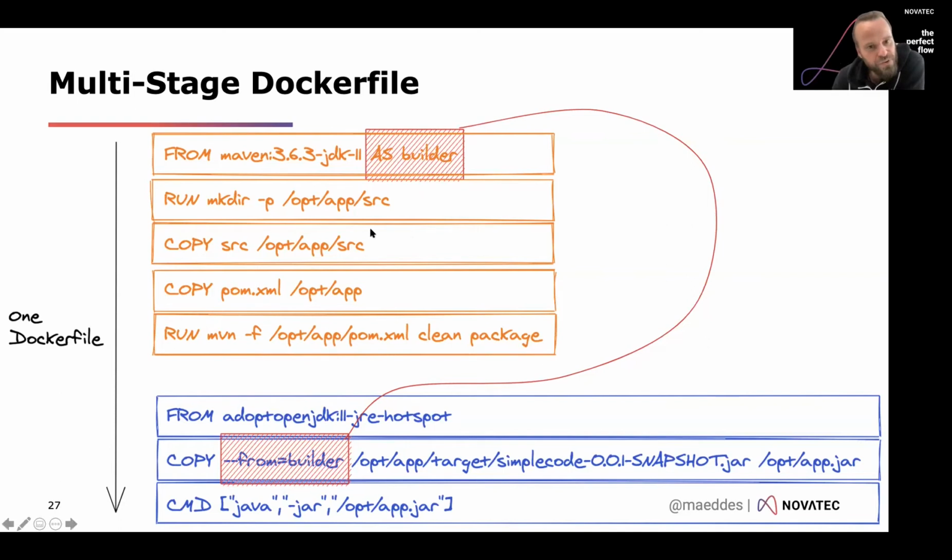Then I copy the source and I run Maven clean package. So in the end, I get a container that contains a jar file which has been freshly built. And then I start another FROM clause here to say, now I'm using some kind of Java base image and copy that part in.